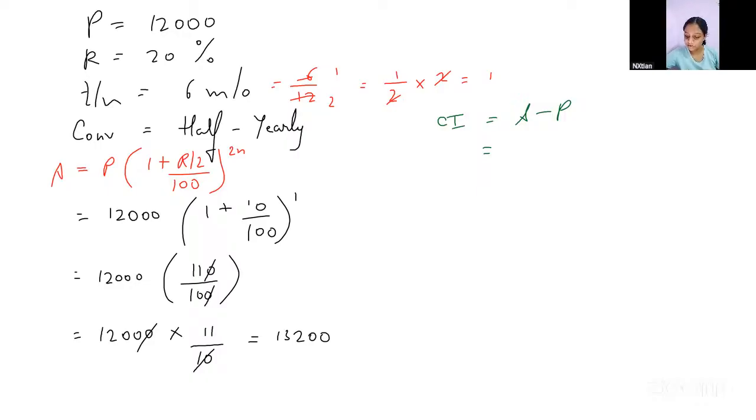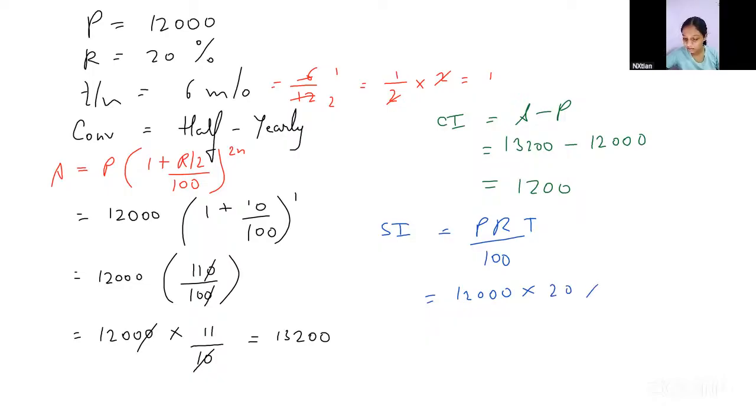A is how much? 13,200. Subtract 12,000. Now we'll find out SI. PRT upon 100. 12,000 times 20 times 0.5 upon 100 gives 1,200.